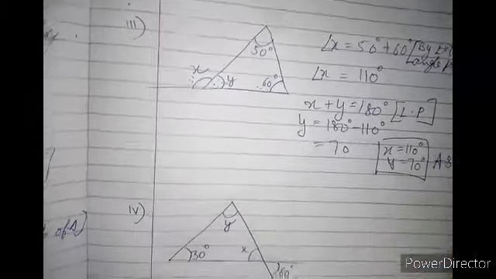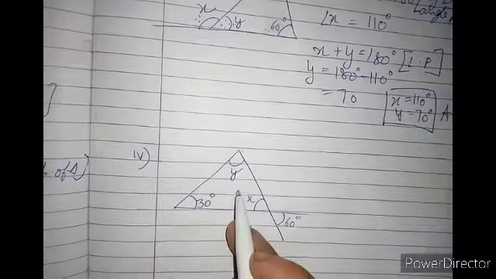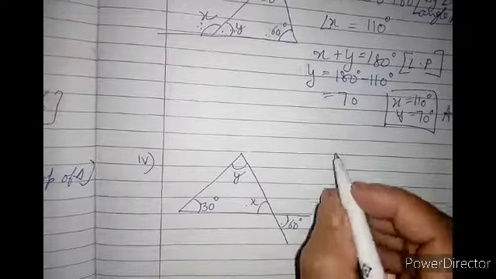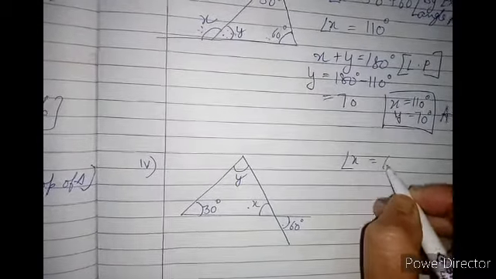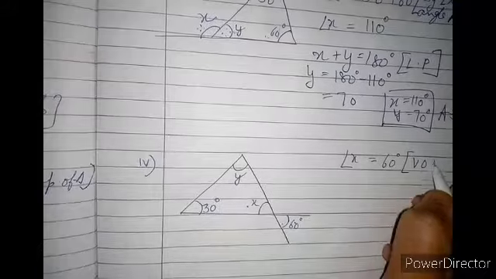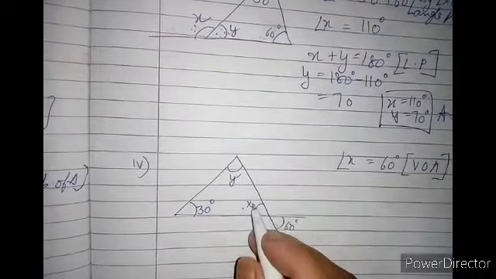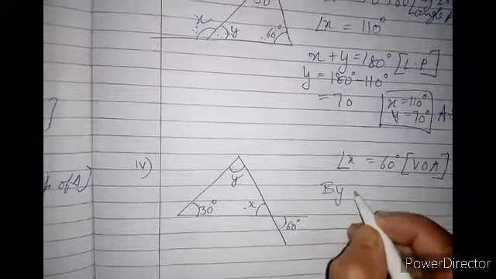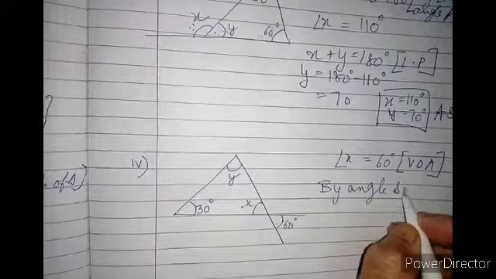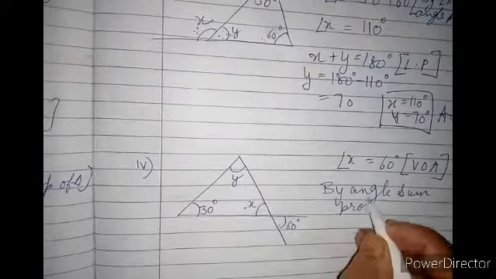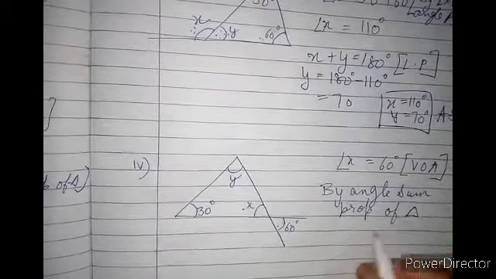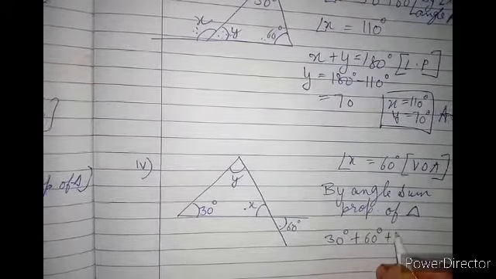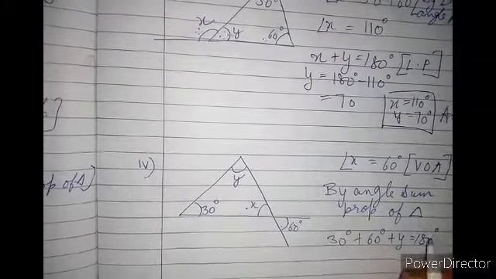These are the answers. Fourth part: like the second part, these two angles are equal because these are vertical opposite angles. Now we will apply the angle sum property of triangle, we will get 30 plus 60 plus y is equal to 180 degree.